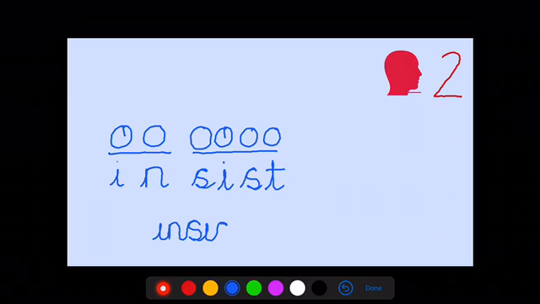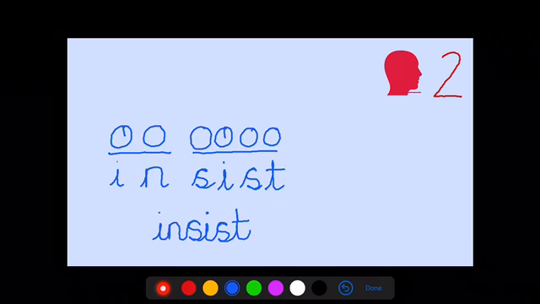Now, when we're spelling a word, we can hear the sounds, and that helps us a lot to know exactly which letter to write. But when we're reading a word, we need to look at the pattern of the letters to help us out. I can see 2 vowel places, here and here.